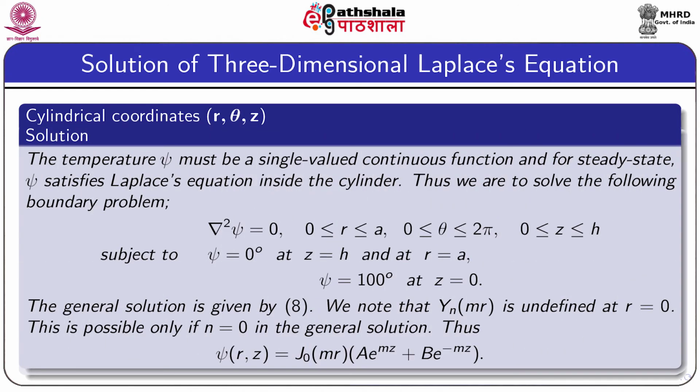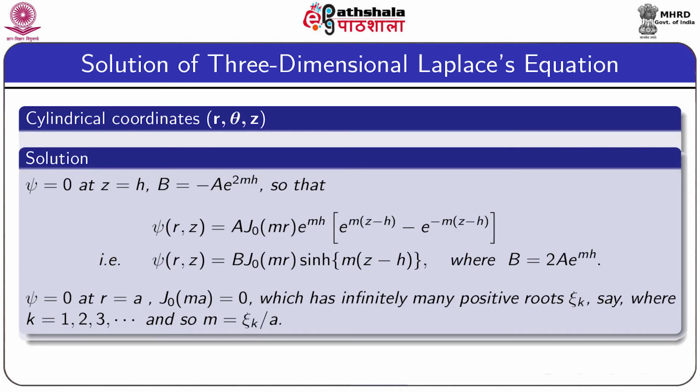So, that solution is written here, but we have adjusted the constants in this way: J0(mr) into (a e^(mz) + b e^(-mz)). Now, if we use the boundary condition psi = 0 at z = h, then we get the relation between a and b as b = -a e^(2mh).